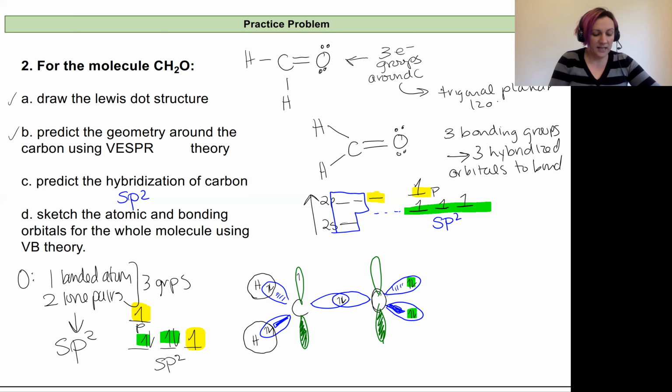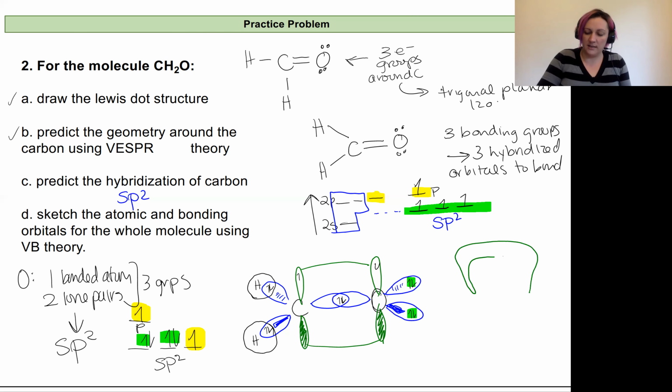All right, so now I've got these hybridized orbitals that are overlapping between carbon and oxygen, but also there is an electron in the p orbital. And so I'm going to see these overlap as they come together as well. And I just draw 2 lines between them. You could also draw it so it looks like that as well if you prefer.